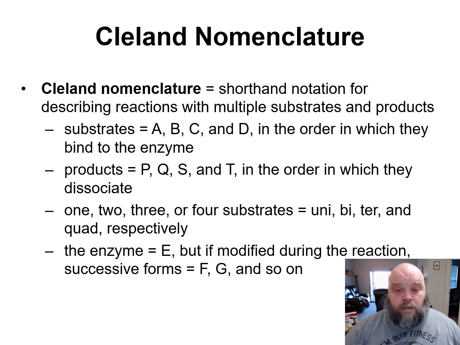And then products, P, Q, R, S, T. And you go through and you label them based on who comes first. First substrate, A, second, B, third, C, and so on. First product, P, second product, Q, and so on. Okay. And how many substrates are going to be made? Is it uni? Is it bi, ter, quad, whatever?